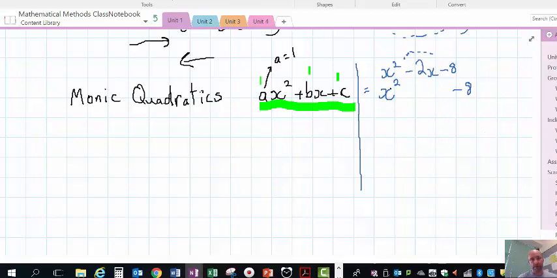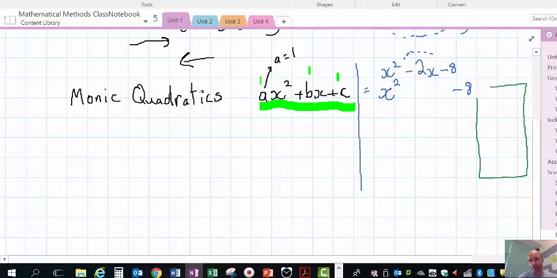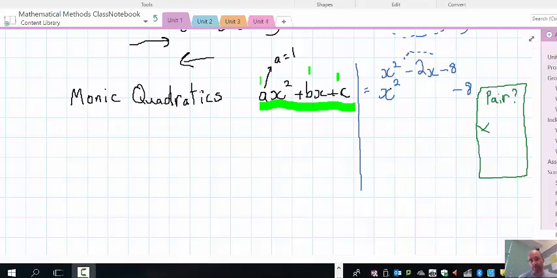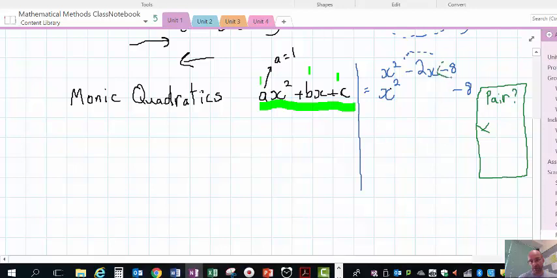What we've got to do is play a little bit of a game, and we need to work out a pair of numbers. Now this pair of numbers multiplies together to give the value of c, which is -8.